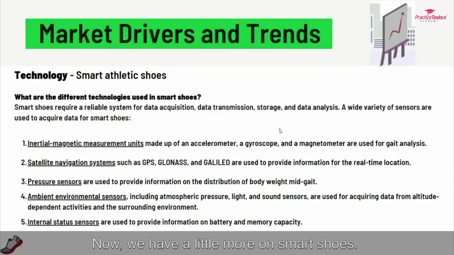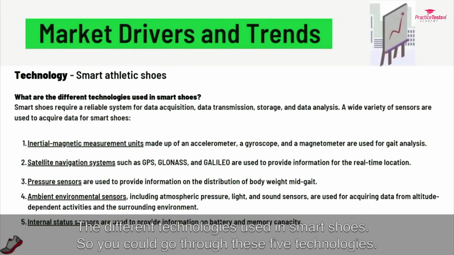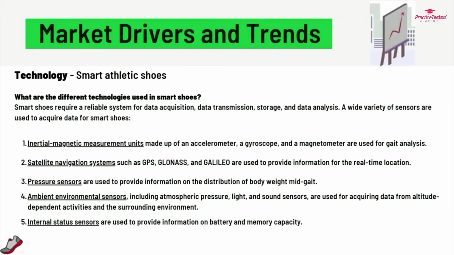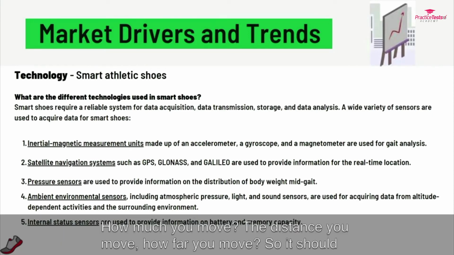Now we have a little more on smart shoes, the different technologies used in smart shoes. So you could go through these 5 technologies. In simple terms, first, a technology that could measure movement, how much you move, the distance you move, how far you move.